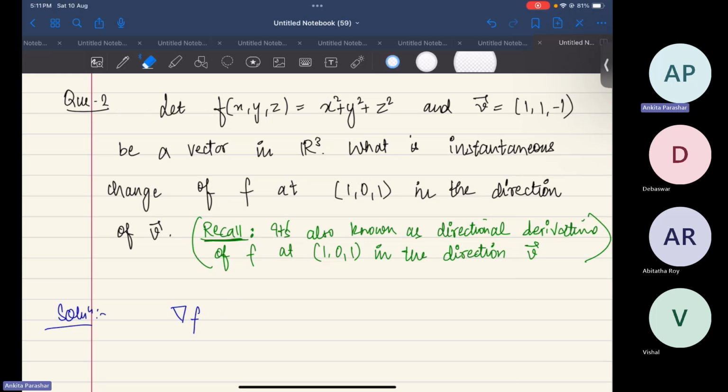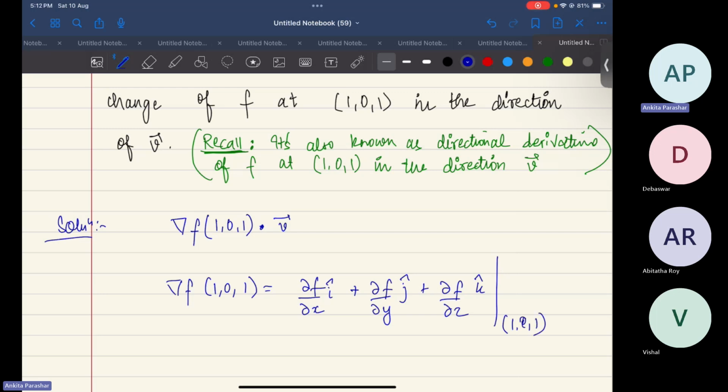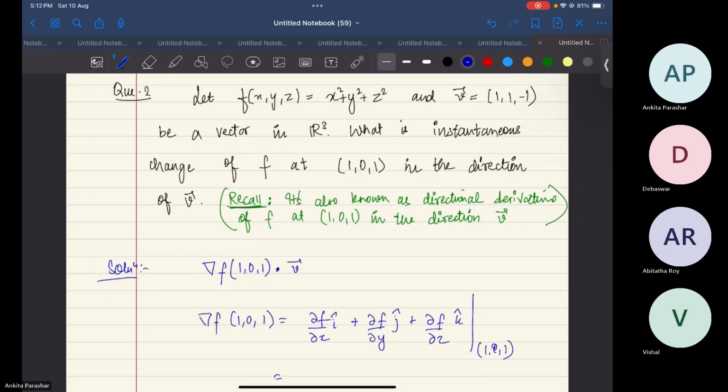The point here is 1, 0, 1, and v is the vector. Del f at 1, 0, 1 is del f by del x i cap plus del f by del y j cap plus del f by del z k cap, evaluated at 1, 0, 1. So it would be 2 i cap plus 2 j cap plus 2 k cap.